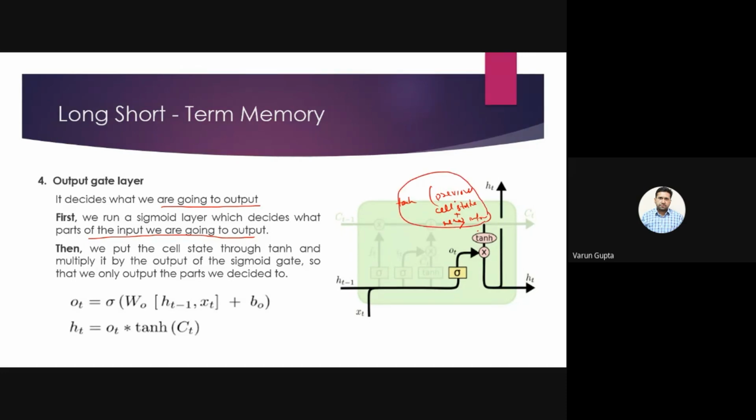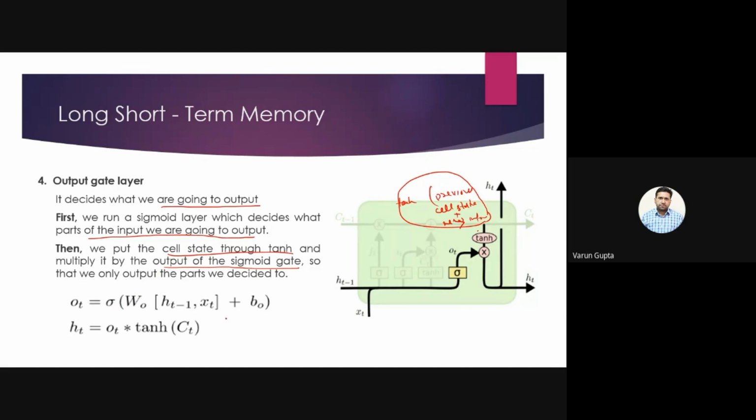That we are deciding that we have the previous hidden state as well as some new information that we have just taken into account. So we'll put the cell state through tanh (hyperbolic tangent) and multiply it by the output of the sigmoid.